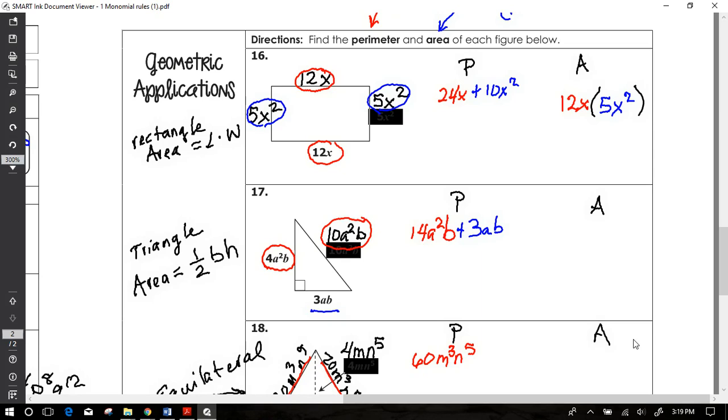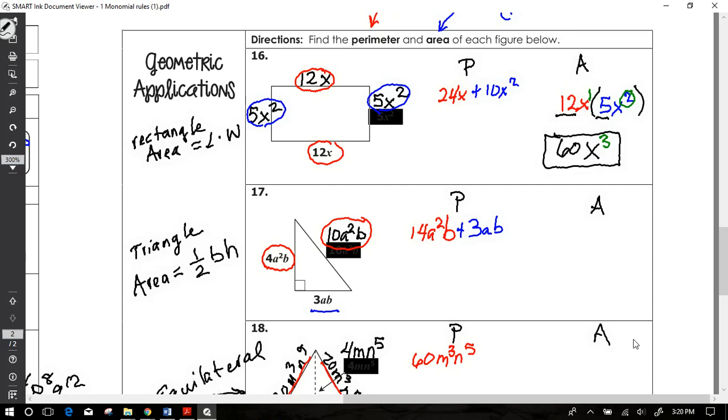So what that means is I am going to do 12 times 5 and get 60. And then I see my x, they both have a base of an x. That's a 1 and a 2, which gives me 3 x's. Okay, so I have found my area right here of my rectangle.